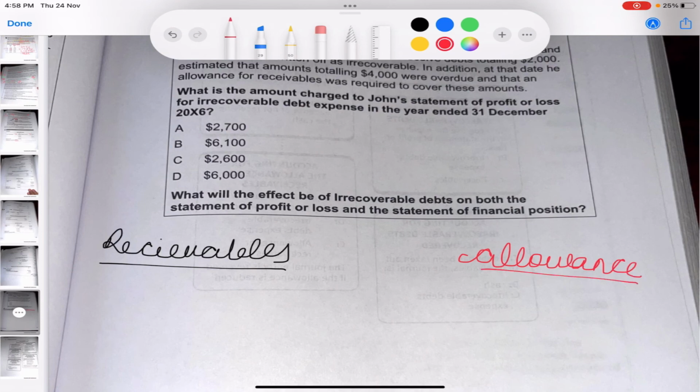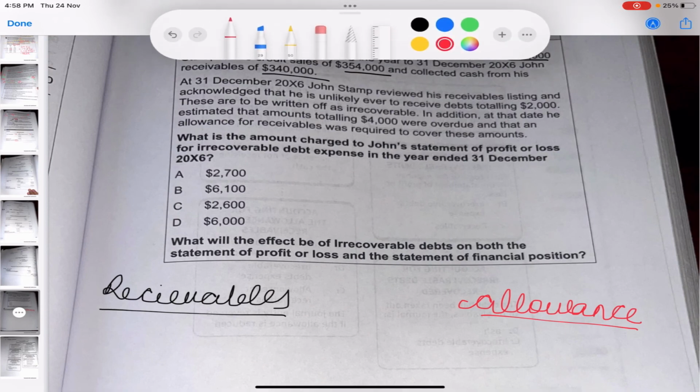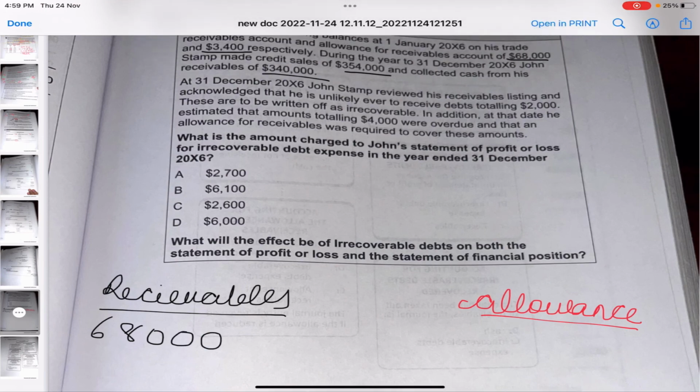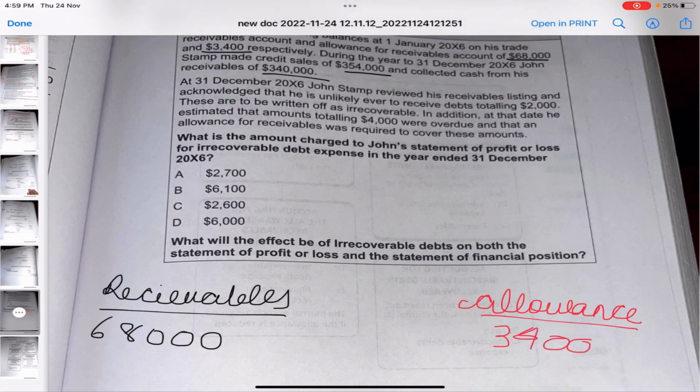So first we will write the balances. So the balances are given in the question. In the first line, what is there? Balance of receivables is 68,000. And what is the balance of allowance? I hope you are solving it by yourself and then checking it with me. 3,400. That is what is given in the question.